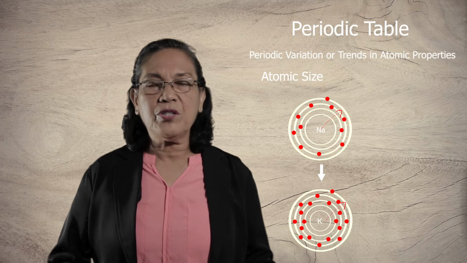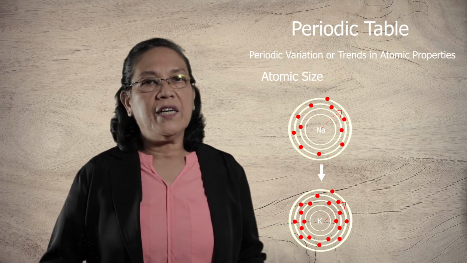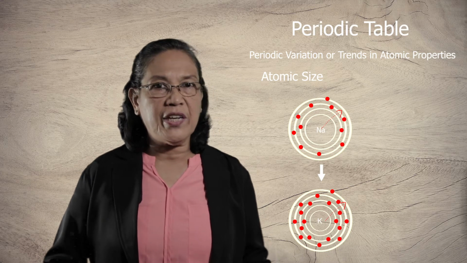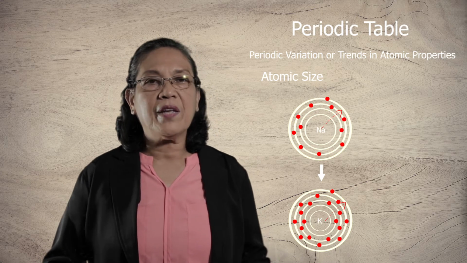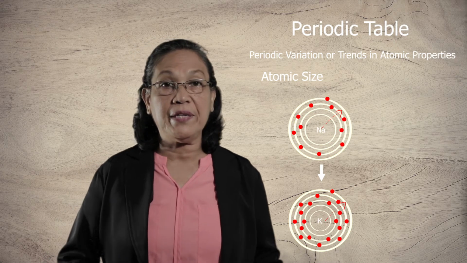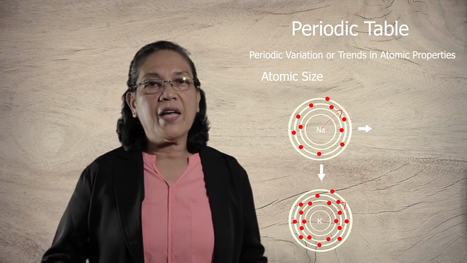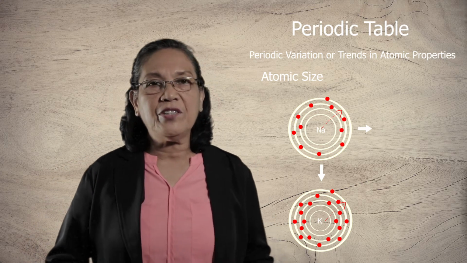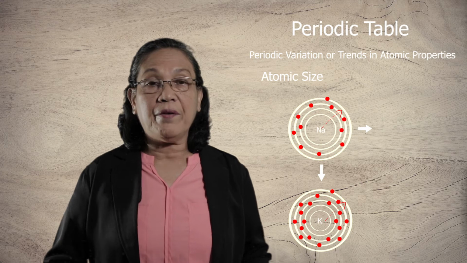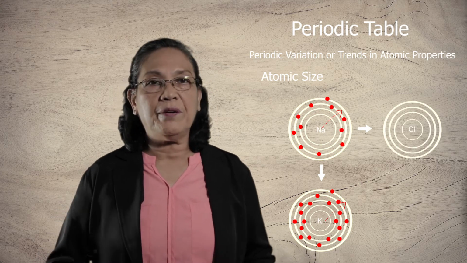So if you look at the atomic size of the elements as arranged in the periodic table, as you go down the periodic table, the atomic size increases. But as you go across the periodic table, consider chlorine, which lies on the same period as sodium.